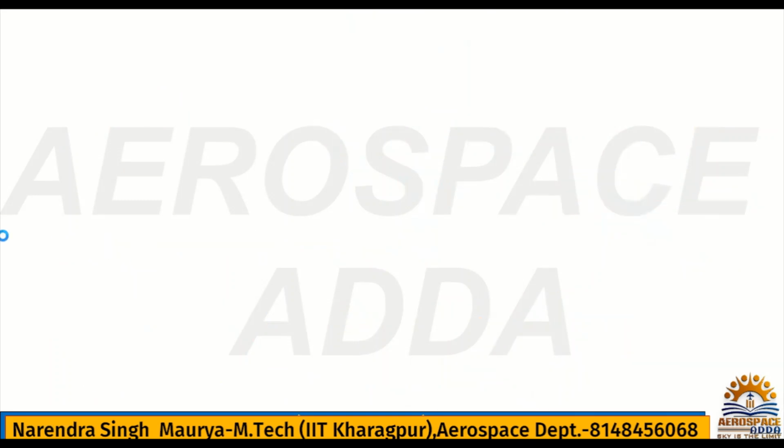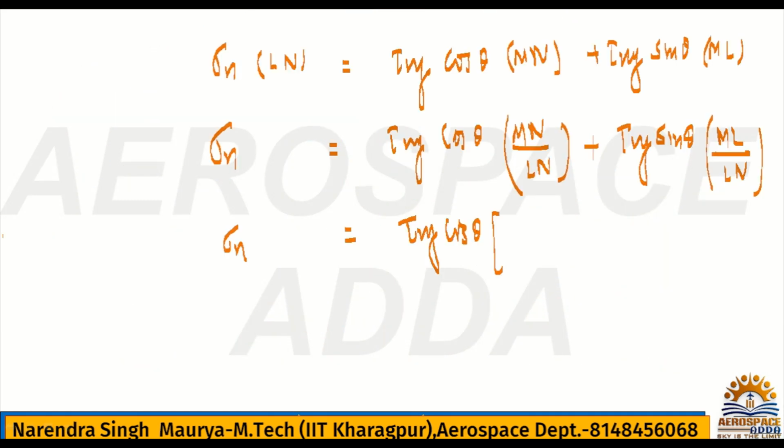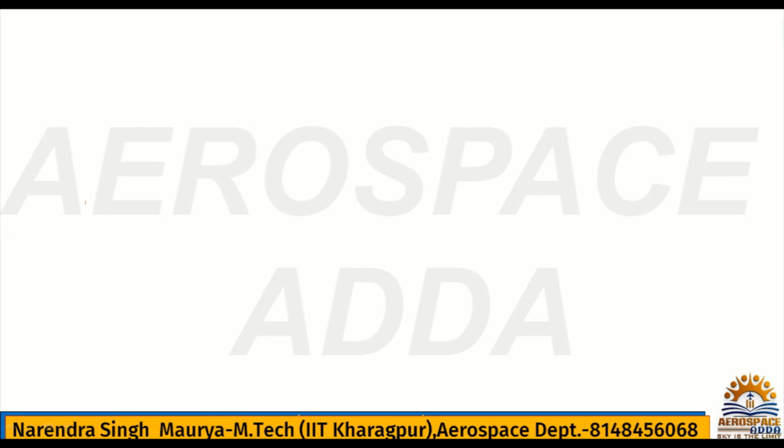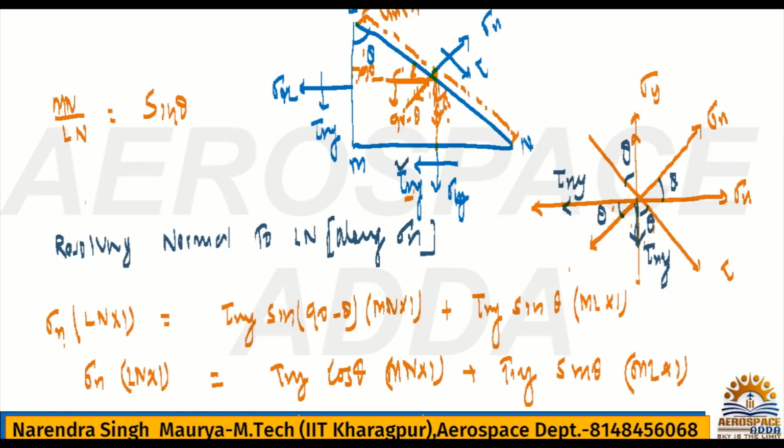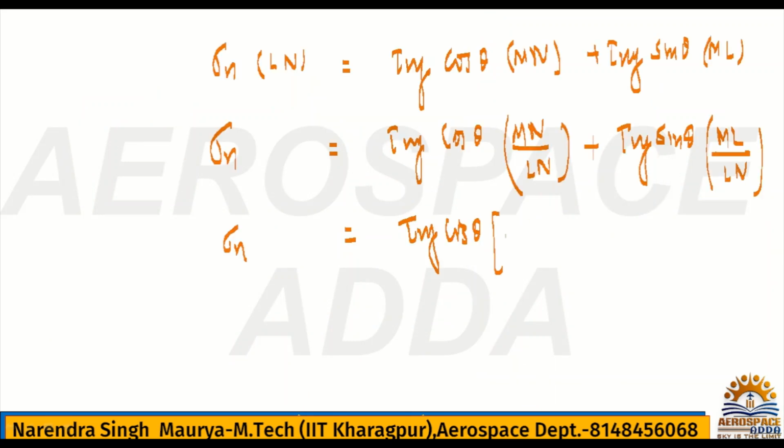And what is the next here? That is ml by ln, which is nothing but cos theta. You keep this value here: tau xy sin theta into cos theta.